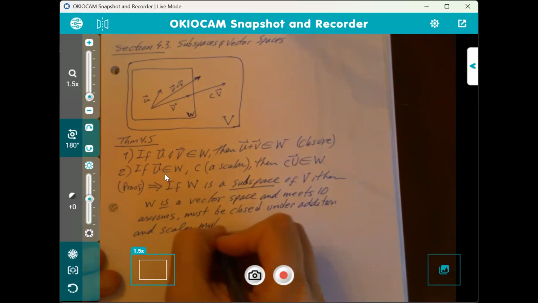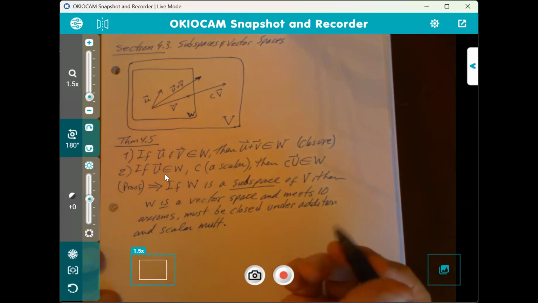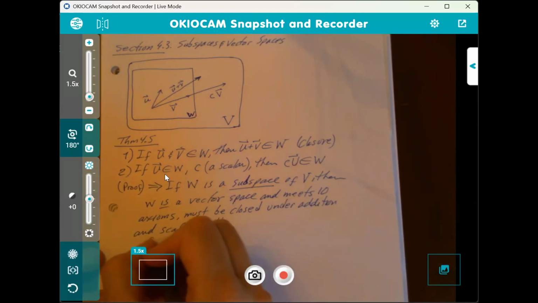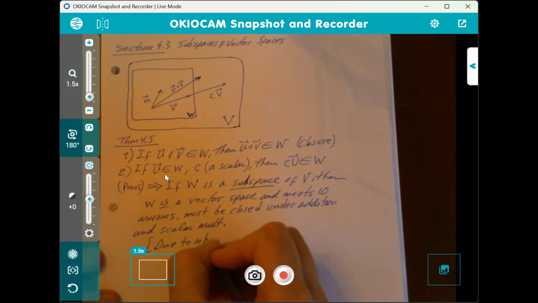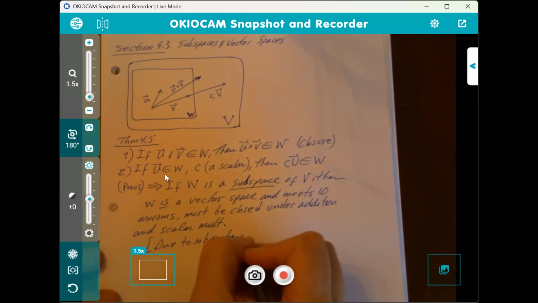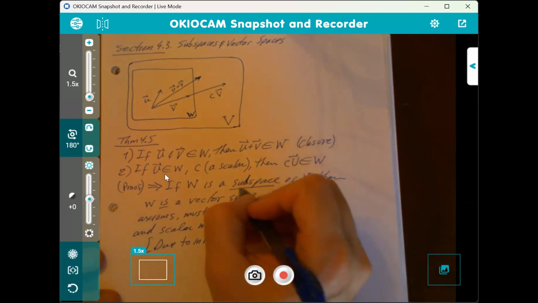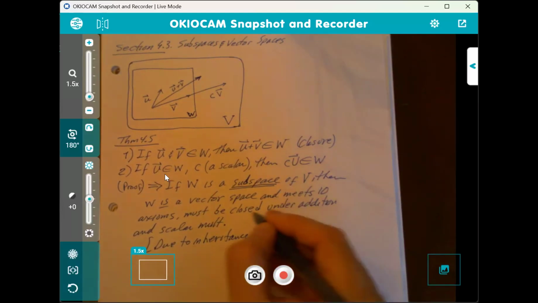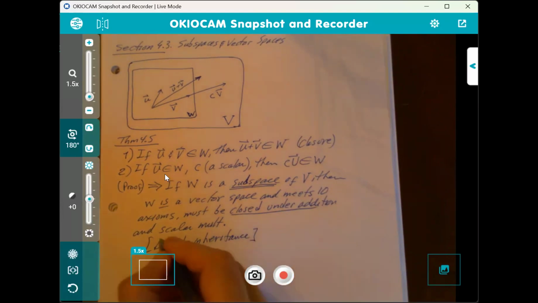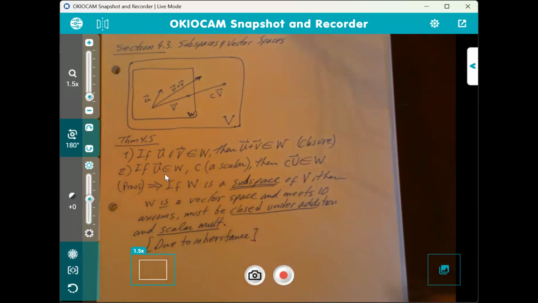So this is kind of the wimpy part of it, right? This is due to inheritance. Again, our supposition here is that W is a subspace. If it is, then it has to meet all 10 axioms, two of which are closure under addition and scalar multiplication, these two.